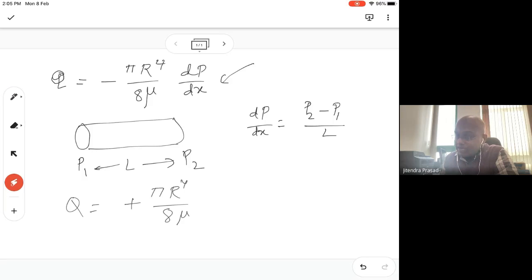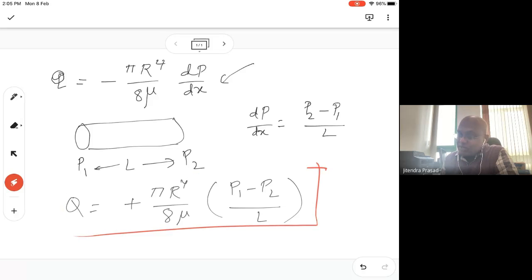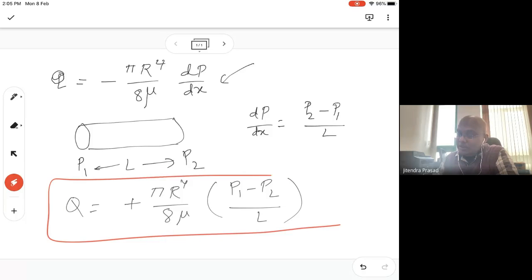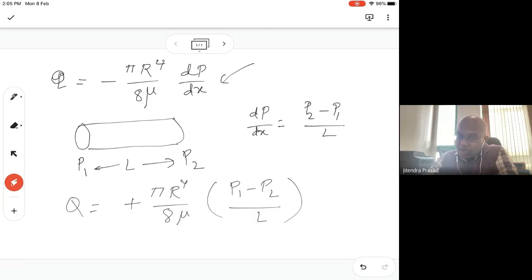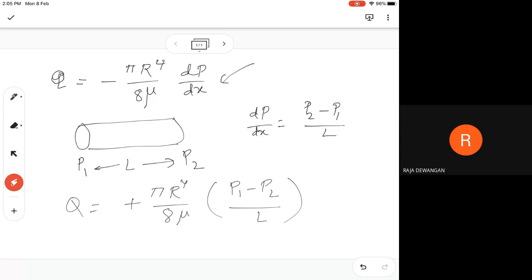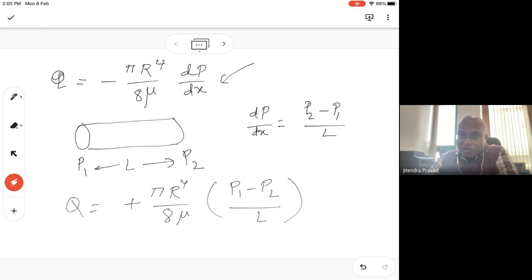Because we have the minus here, we include the minus and write it as P1 minus P2 over L. Same equation, we are just writing it like this. Got it? So what is the problem here? Which part could you not understand, or do you think it's wrong?